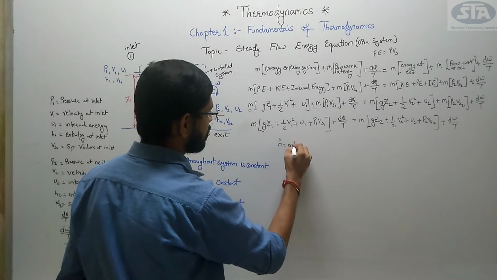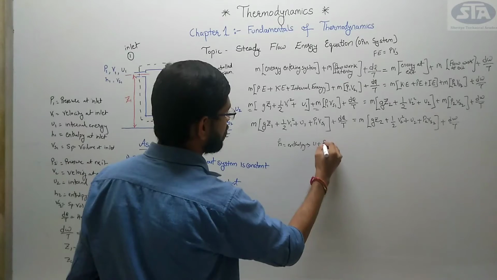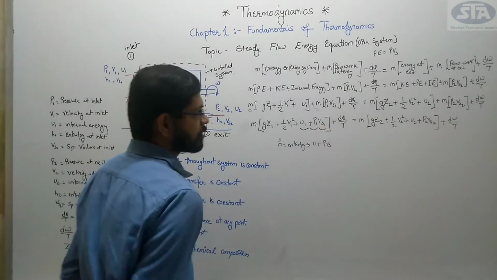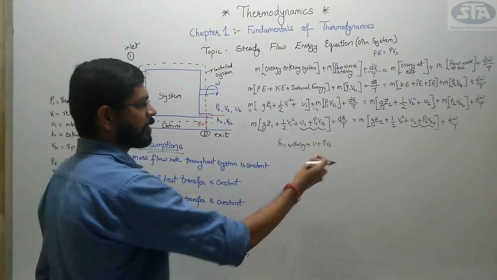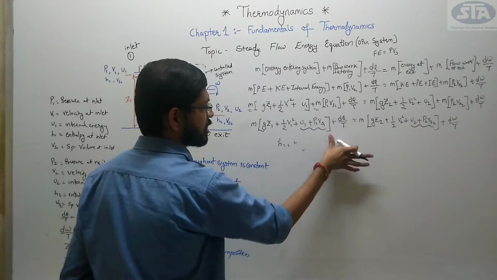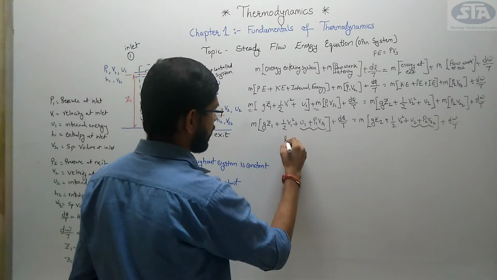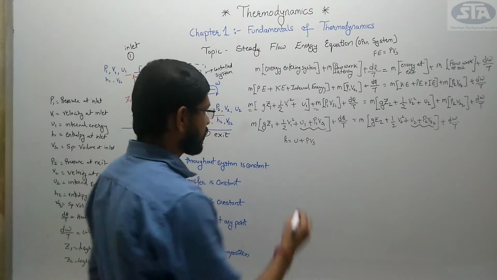Next, we know that in the previous lecture we have seen H, that is enthalpy, which is given by U plus PVS, right? Can you see here U plus PVS, U plus PVS? So can I write U plus PVS as H? What I will be writing: H equals U plus PVS. We know that, right?